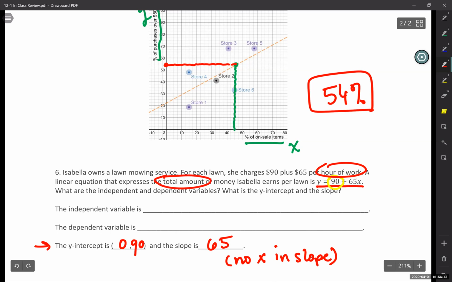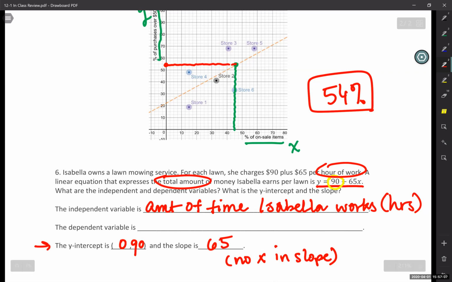And so the independent variable is going to be what she can control. She can control how many hours she works. So that's going to be the amount of time Isabella works, or in other words, the hours.